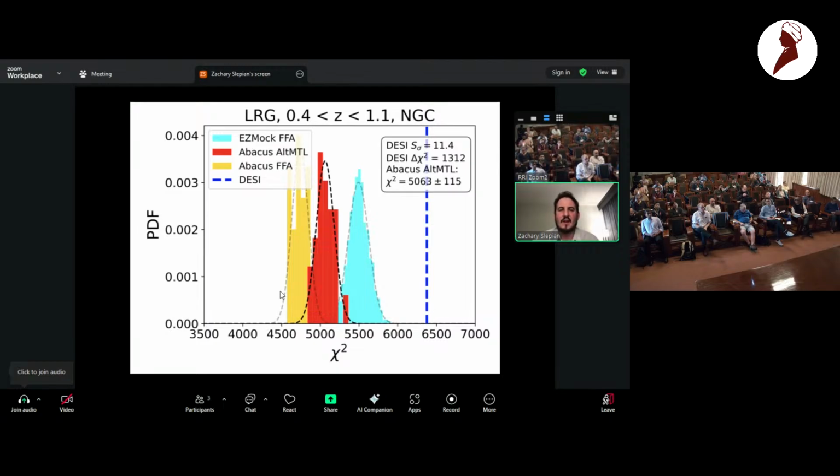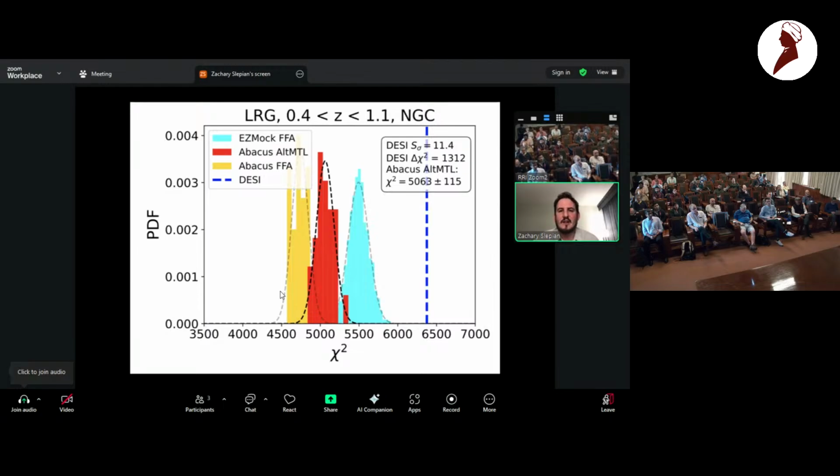Abacus FFA in yellow is an n-body simulation set, but the FFA is an approximate fiber assignment scheme that is tuned to emulate the true fiber assignment of galaxies on the sky, but we don't think it's as accurate. Then Abacus Alt-MTL stands for Alternative Merged Target Ledger, and it's a very, very high fidelity way of converting the mock catalog to have the DESI fiber assignment on it.